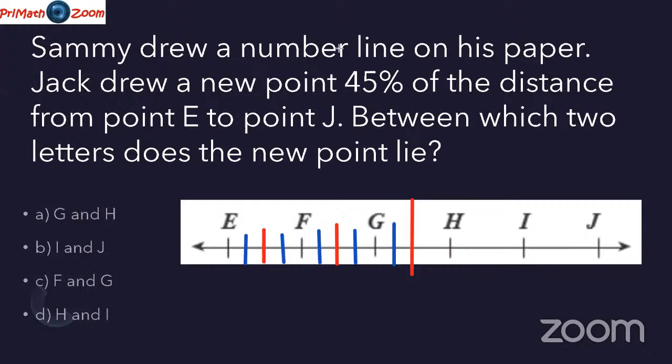And if 45 is right here, this would be between G and H. I hope you guys would have seen that and you understand my explanation. All right. And so the correct answer would be between G and H.